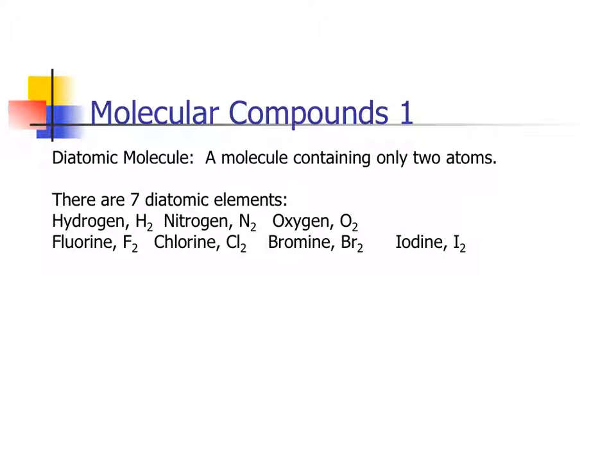The ones that require two atoms are diatomic molecules, and there are 7 diatomic molecules. If we just read them as we see here, it might be a little difficult to truly understand what's being said.